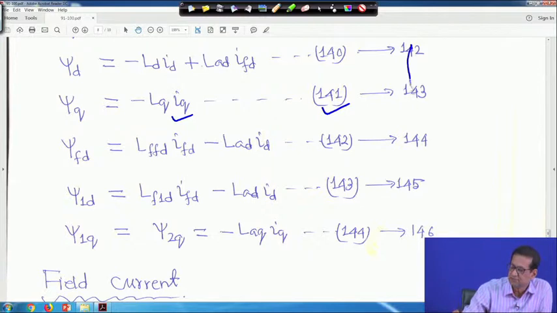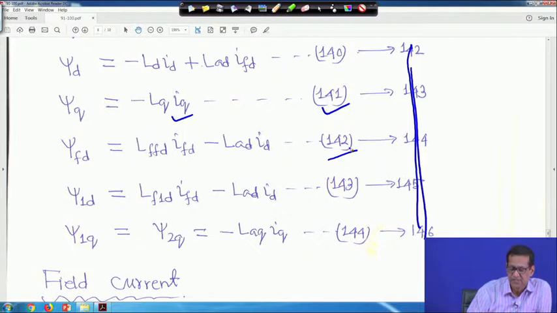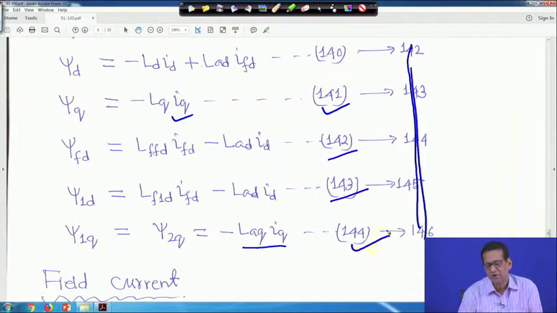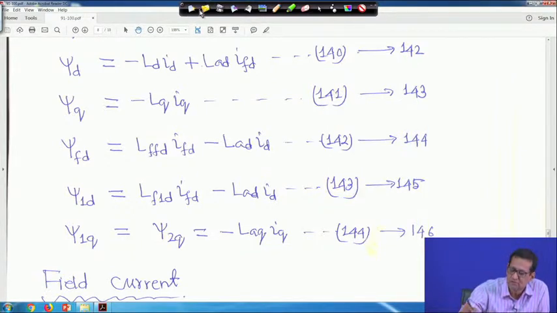Similarly, psi fd is equal to Lffd Ifd minus Lad Id, this is equation 142. Similarly, psi 1d is equal to Lf1d Ifd minus Lad Id, this is equation 143. Similarly, psi 1q is equal to psi 2q is equal to minus Laq Iq, because we have assumed that two armatures are there on the q axis. This is equation 144.